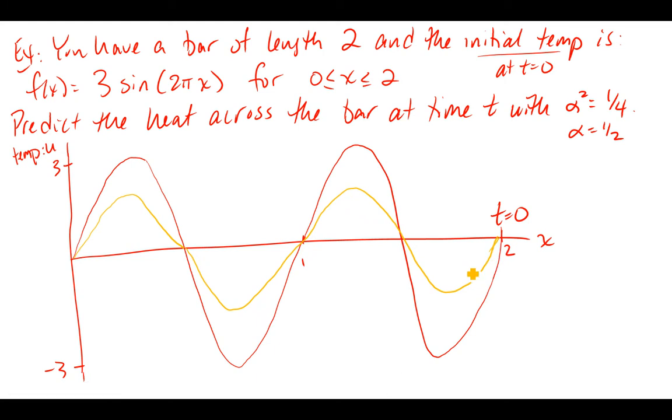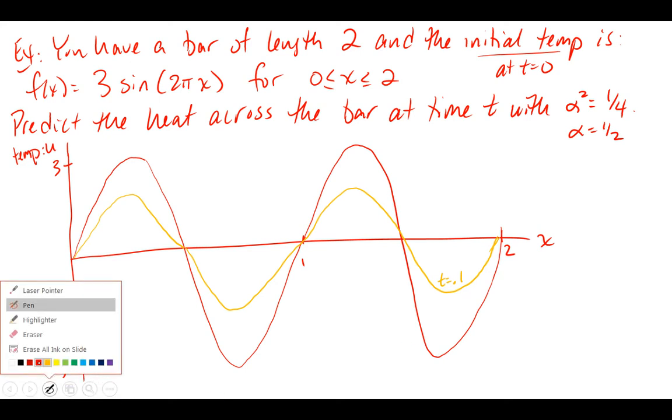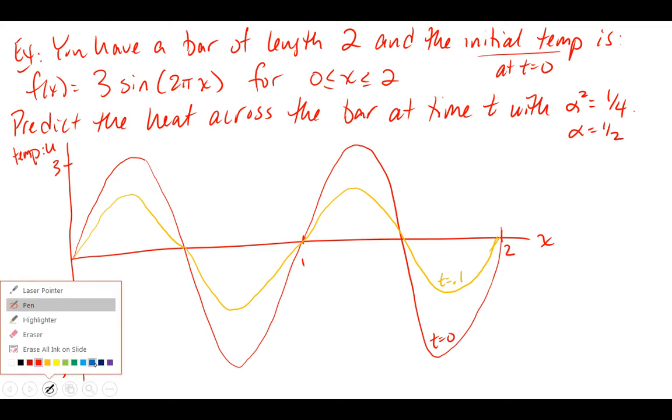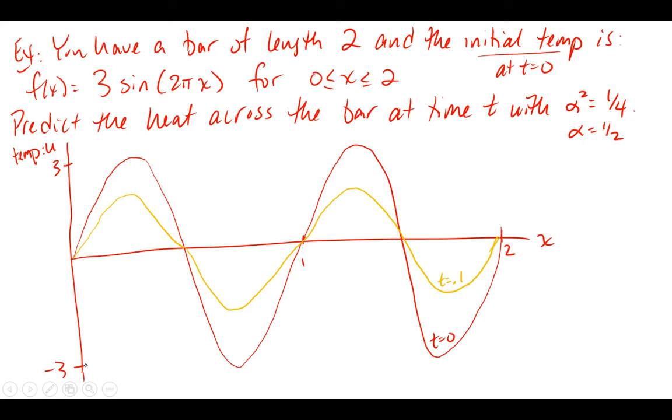All right, I knew I was going to regret putting t equals 0 there. So let's call that, I don't know, I'm just making up numbers because I have no idea what the next appropriate thing to graph might be, but I'm just going to make something up like t equals 0.1. Sorry, let me put t equals 0 back on here. Okay, so that might be the next one.